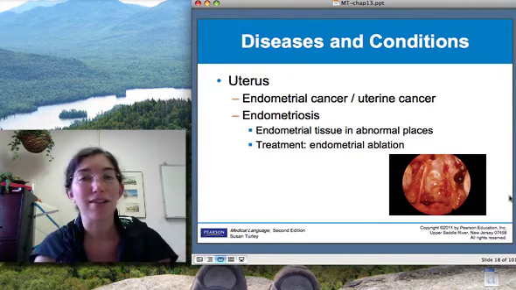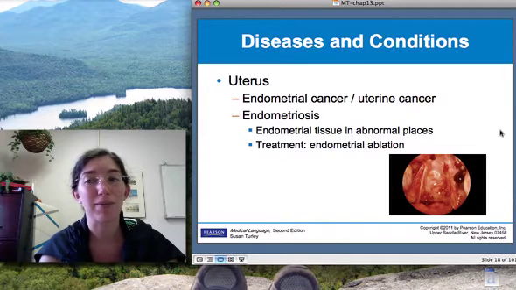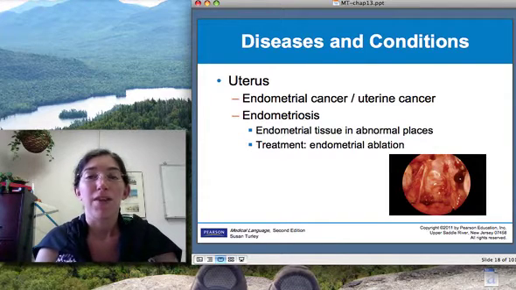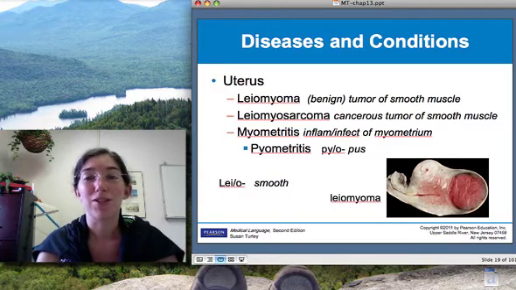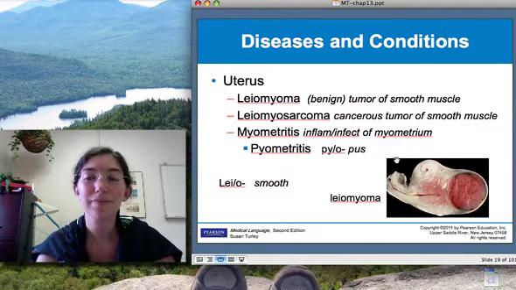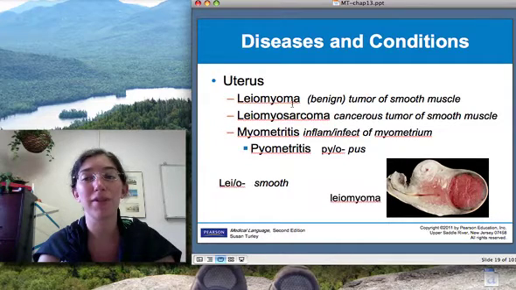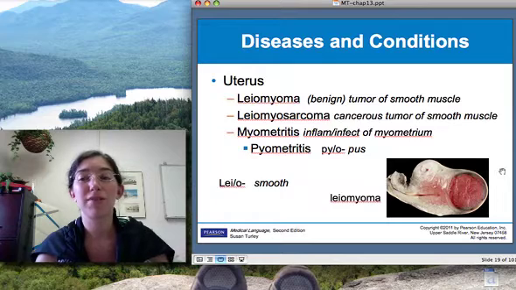In severe cases, doctors may do a hysterectomy just to remove the uterus that is causing all of the endometriosis. Other conditions of the uterus, leiomyoma and leiomyosarcoma, are two different types of tumors. A leiomyoma being a benign tumor of the uterus, specifically of the smooth muscle of the uterus.